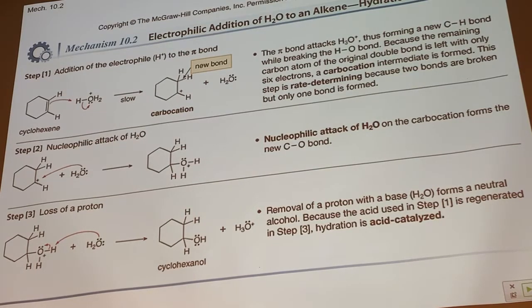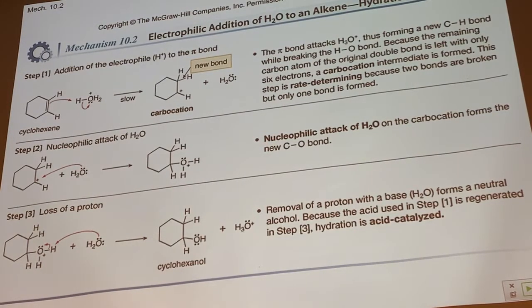You'll notice that instead of showing sulfuric acid, the book is showing H3O+. Of course, if you dissolve sulfuric acid in water, you generate H3O+. So that's why we're using that in the mechanism. You could draw it with sulfuric acid. It wouldn't really matter. Okay?